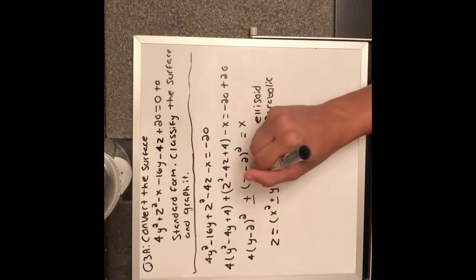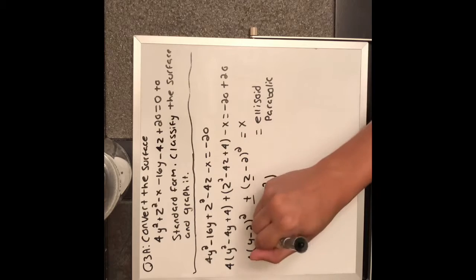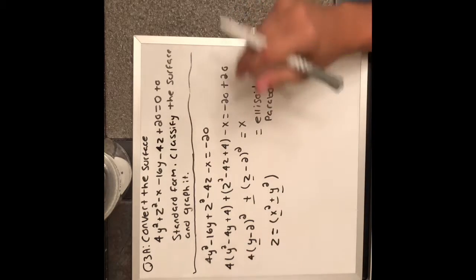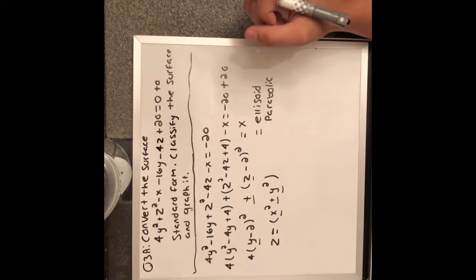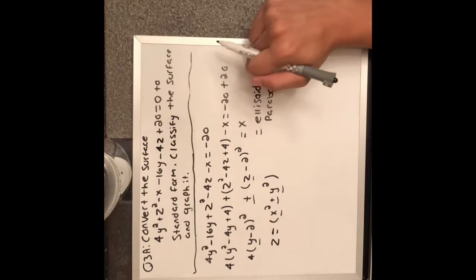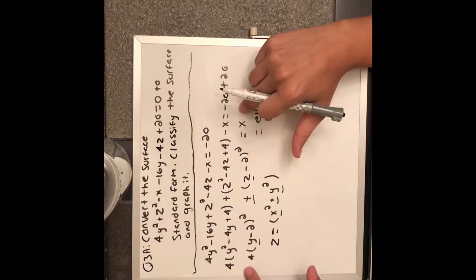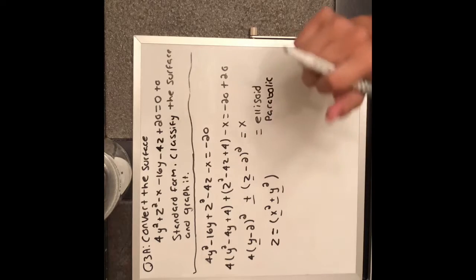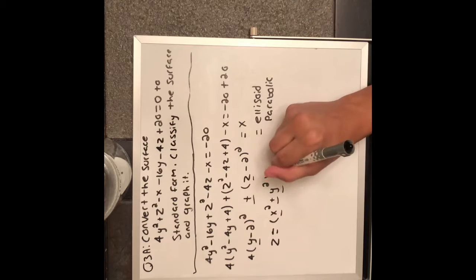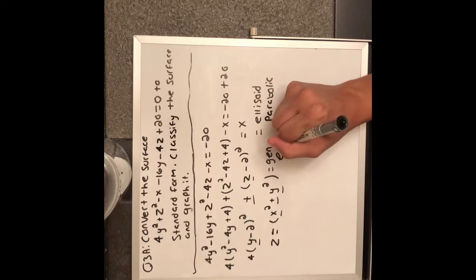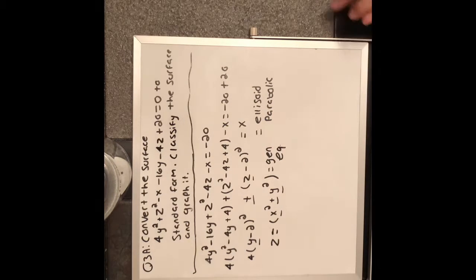We have the z squared and the y squared. This is how we know that this is an elliptic paraboloid. It has the same setup as the general equation for the elliptic paraboloid.